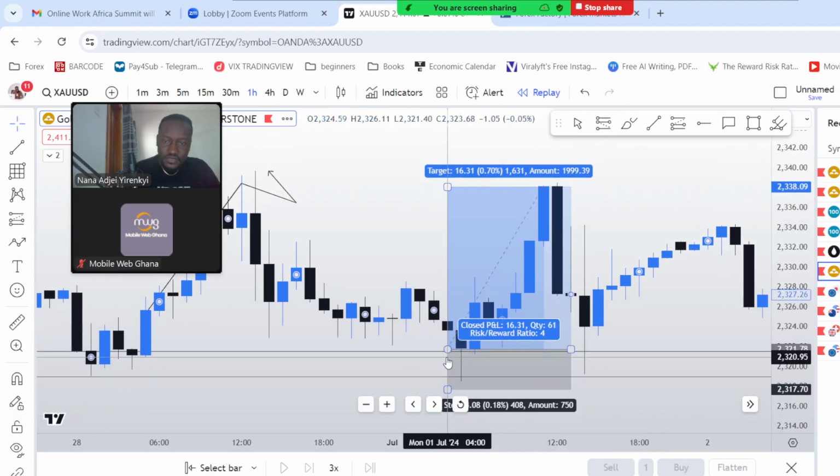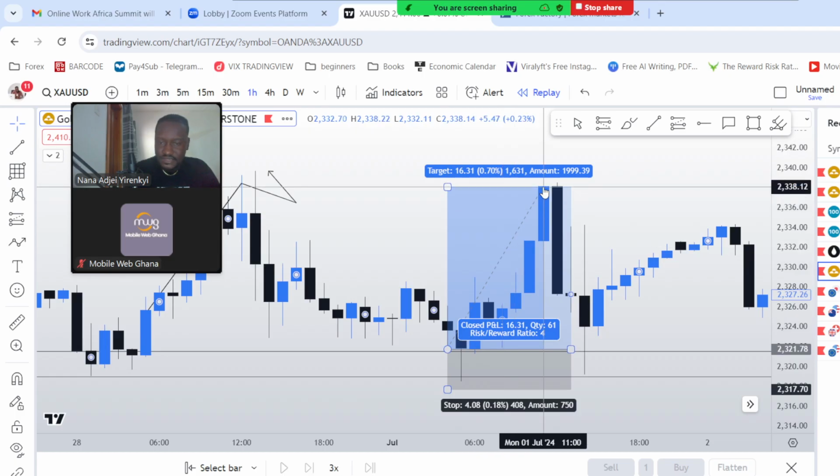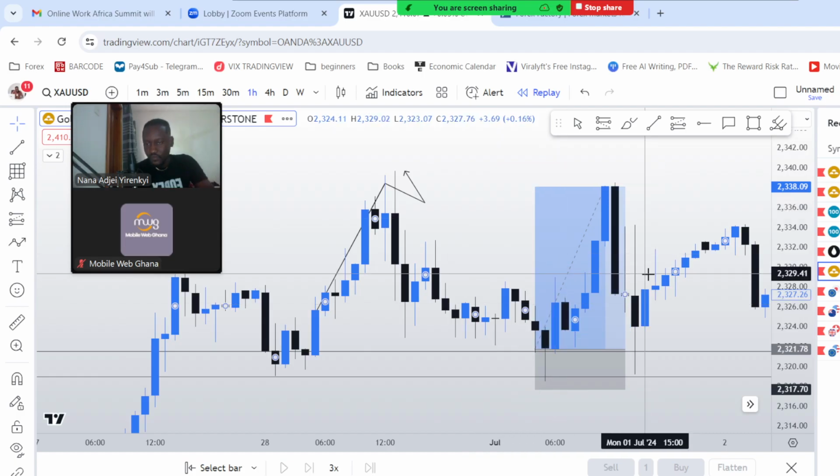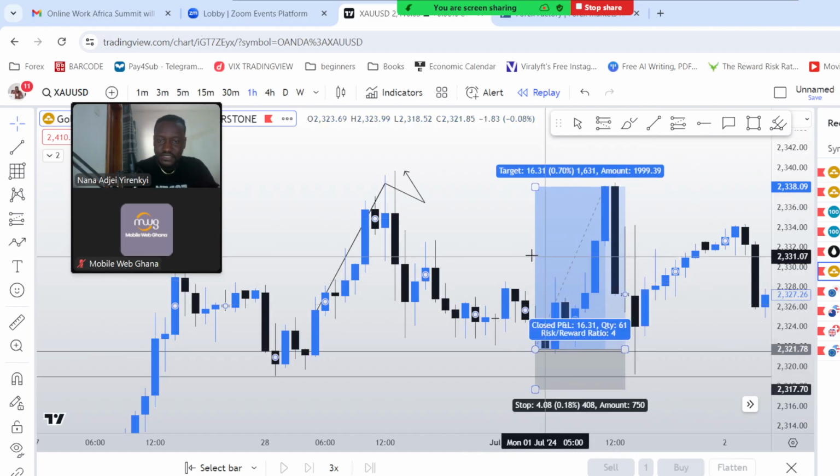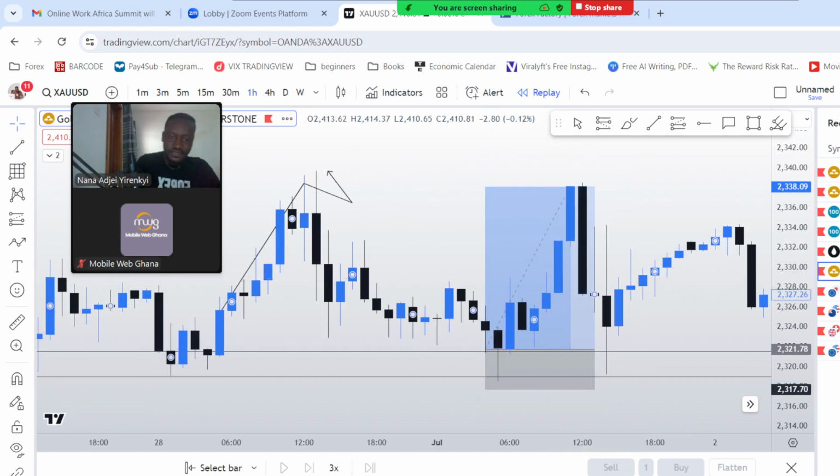So looking at this, we entered our trade over here, price came all the way and hit our desired target. If we had entered, let's say 0.1 on this particular trade, then we'll be making $160 just on this trade. I hope it's clear. So that is it for the bullish engulfing candle and the hammer patterns.